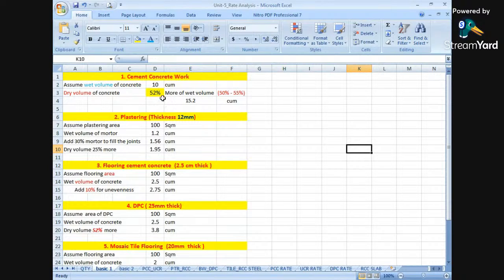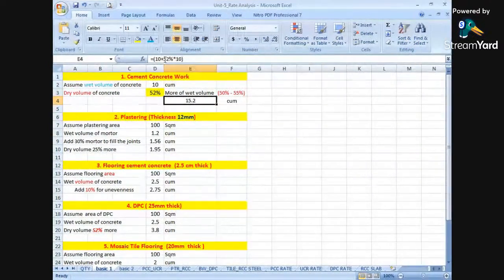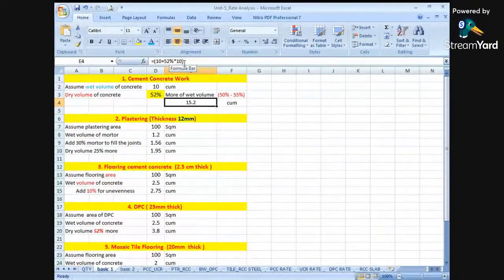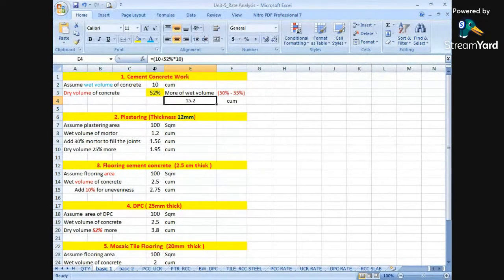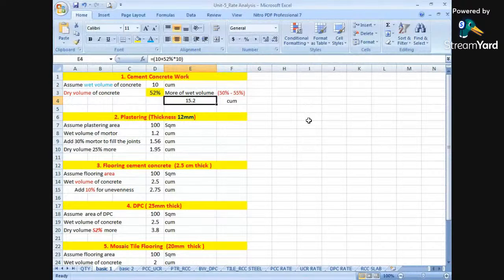So 52% कितना रहेगा? What is 52% of 10? So how to calculate this? 10 plus 52% of 10. Here I have stated the formula at the top line: 10 plus 52% of 10, because we require more than 10. ठीक है ना?